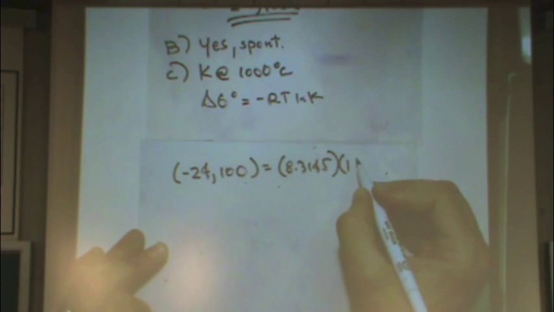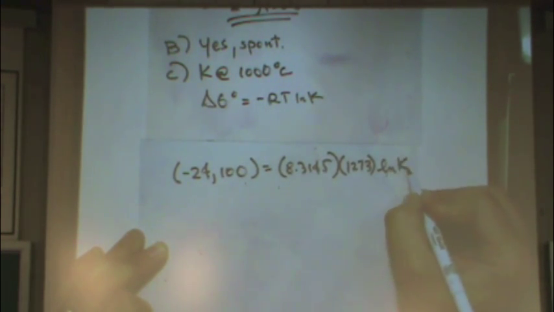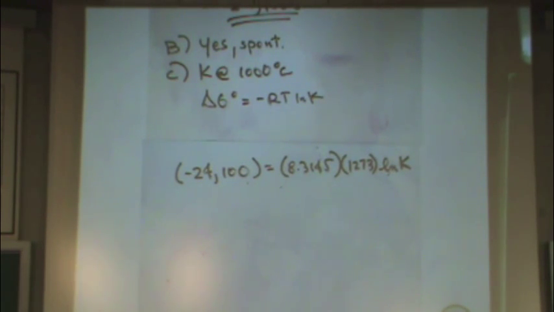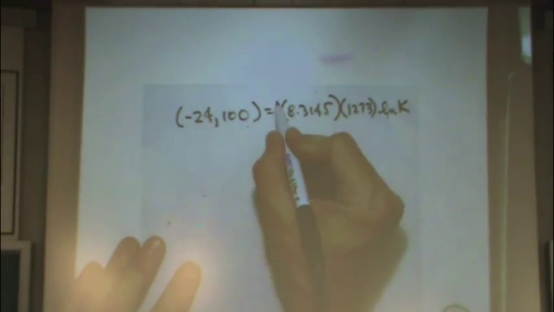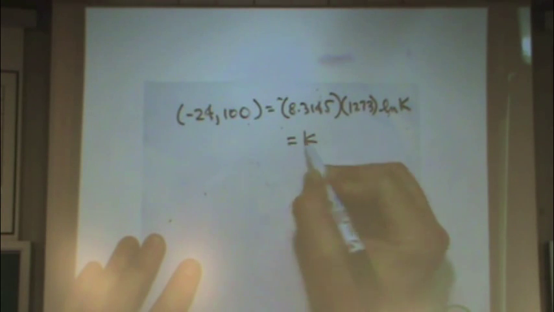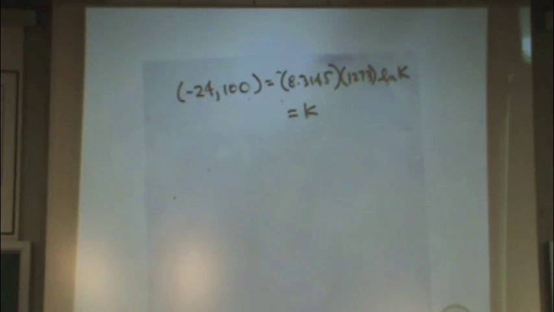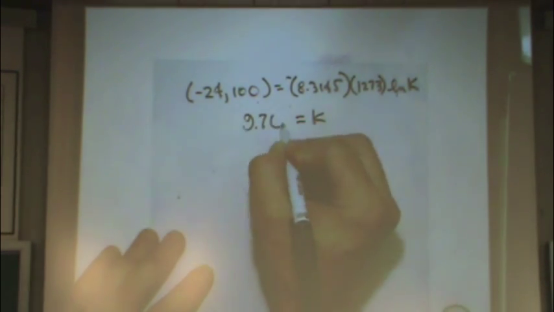T, 1,000 plus 273, or 1273. Natural log of K. Remember, K is the equilibrium constant. And there's a negative sign. So you got to solve for K. You can try this at home, see if you get the same answer. I got 9.76 for K.